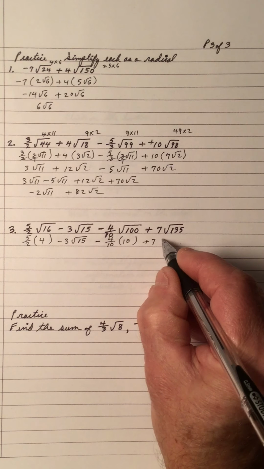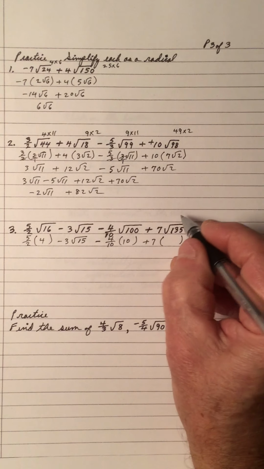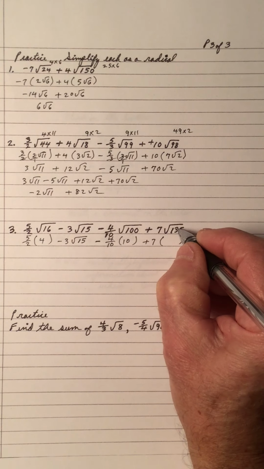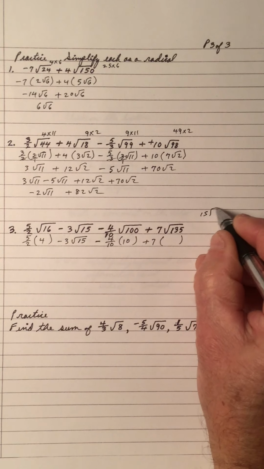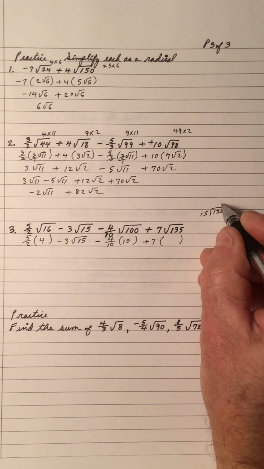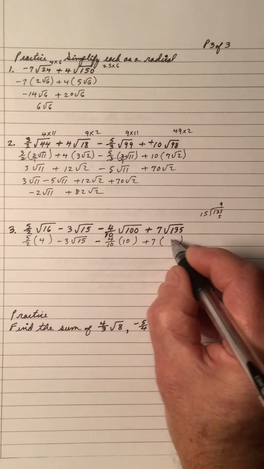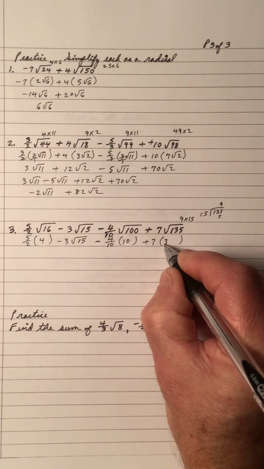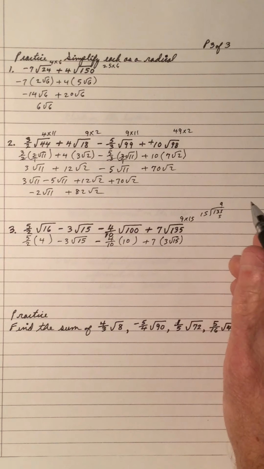And 135 is, what number goes into that? 15. 15 into 135 goes 9. 9 5s are 45, yep. So that's 9 times 15, so that's 3 root 15. Notice 135 is odd.